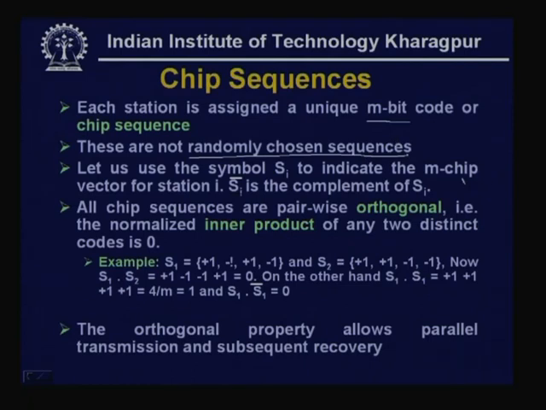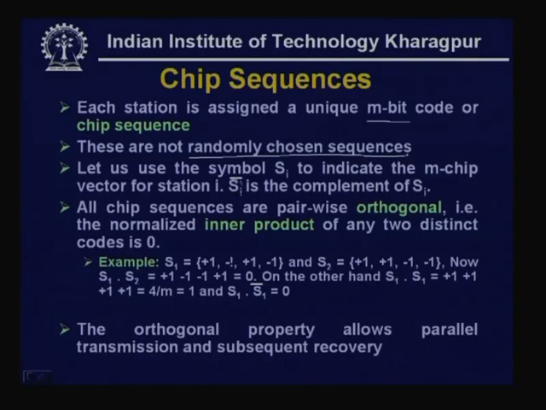If you generate them arbitrarily, then the property of orthogonality will not be satisfied. So, you have to satisfy the orthogonal property. I shall explain what it means. Let us use the symbol Si to indicate the m bit vector for station i, and Si bar is the complement of Si.